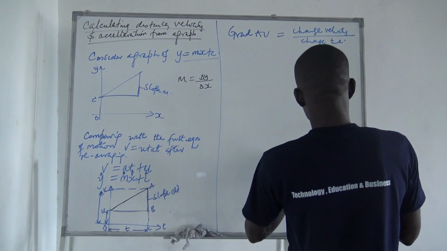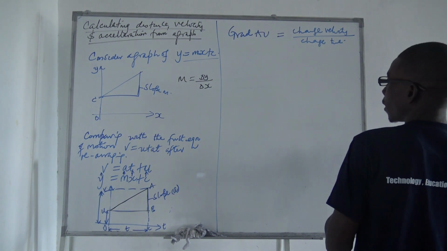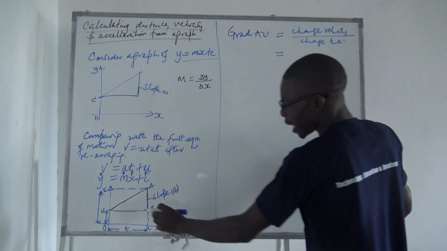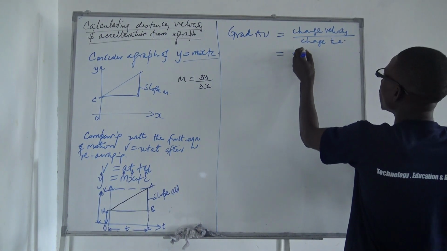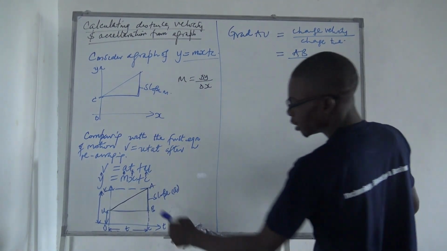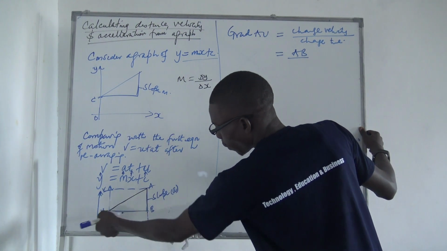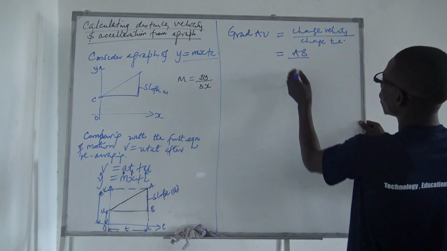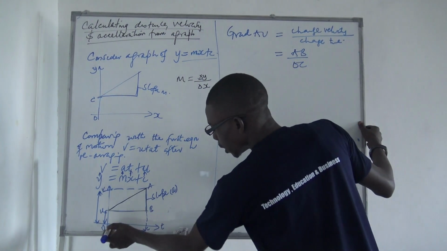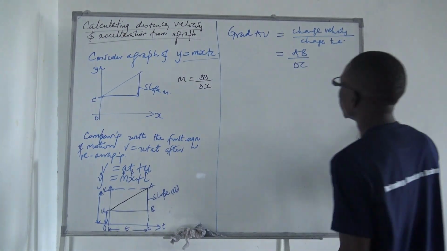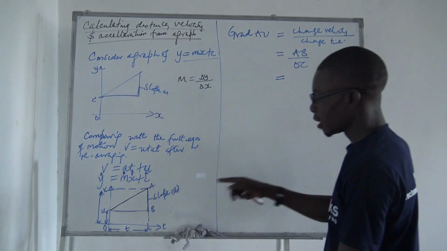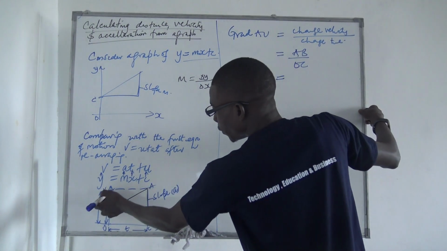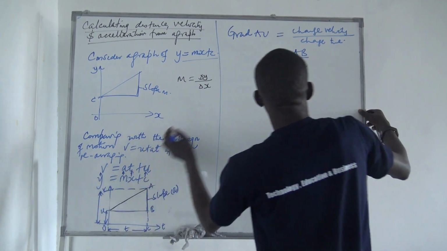So you can now say the gradient here will be AB over the horizontal, OC. It could be this or this, all the same. And what is AB in terms of velocity? Because it is the change in velocity, it is v minus u.